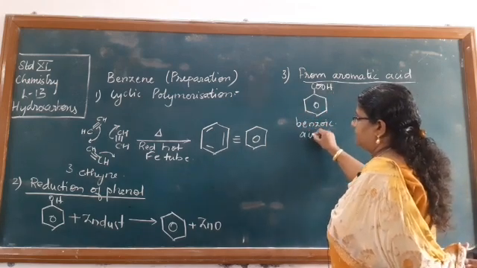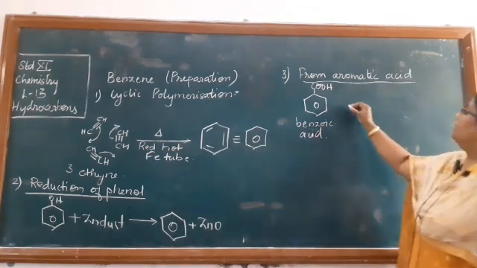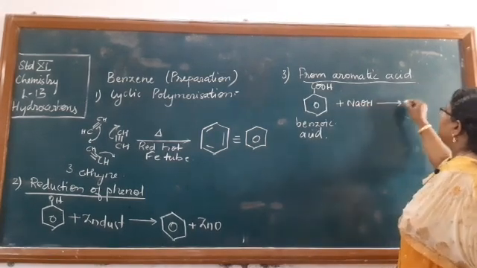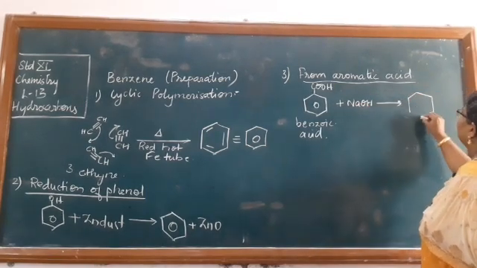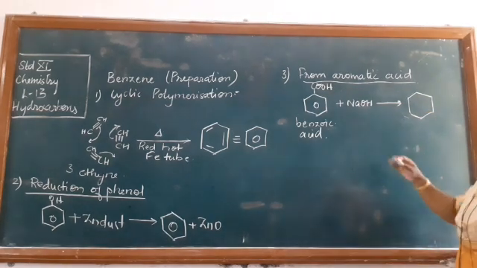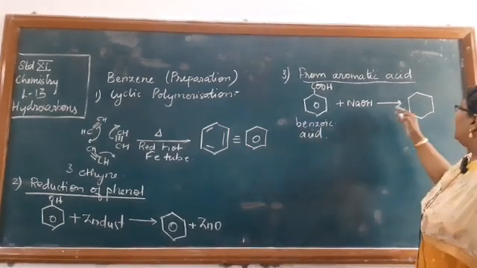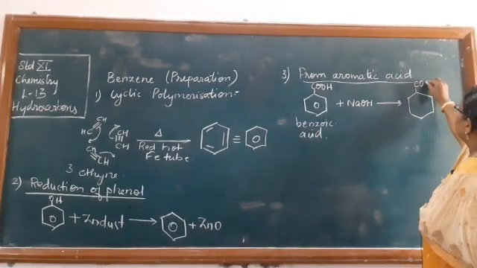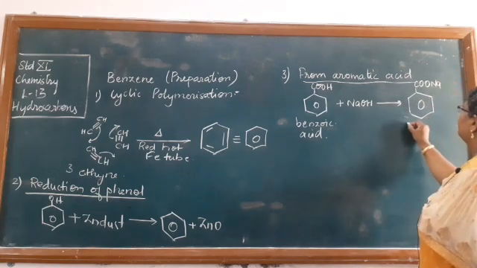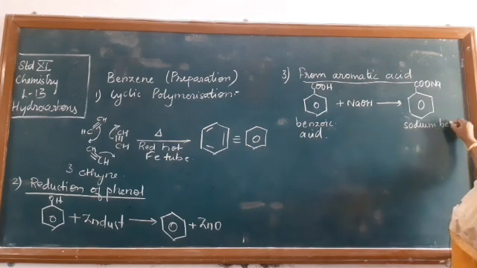When you treat benzoic acid with NaOH, you will get the corresponding salt of benzoic acid. This is an acid, this is a base. An acid base reaction will take place and you will get the corresponding salt, which is sodium benzoate.